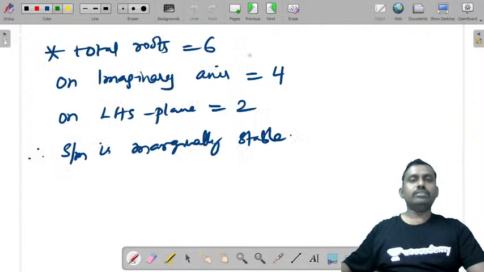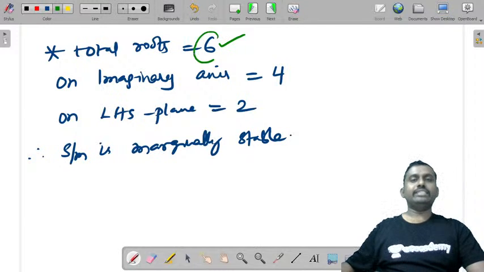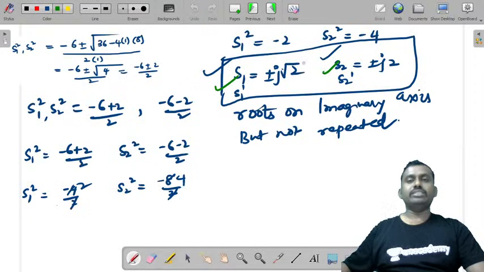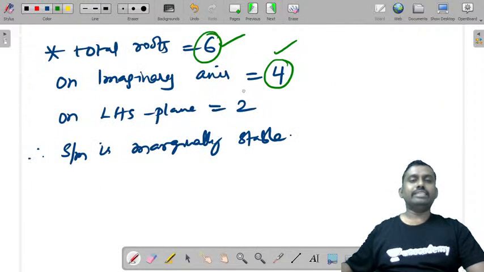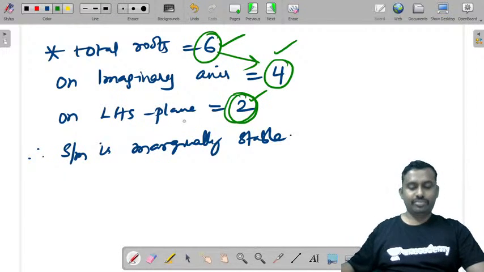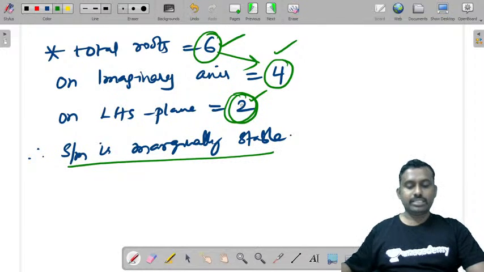This is what we have found: the given characteristic equation has six roots or six poles, out of which, as we found in the previous case, four roots are on the imaginary axis and all the first column elements are positive. So out of six, four are on the imaginary axis, therefore the rest will be on the left half of the S plane, and the system is a marginally stable system.